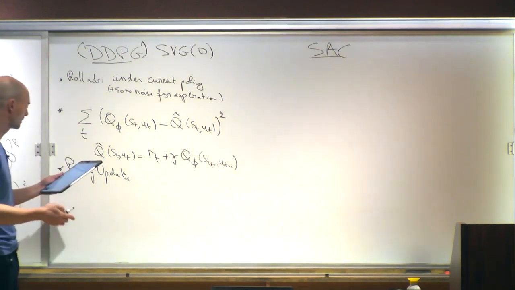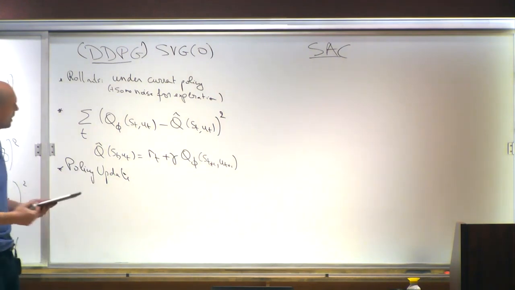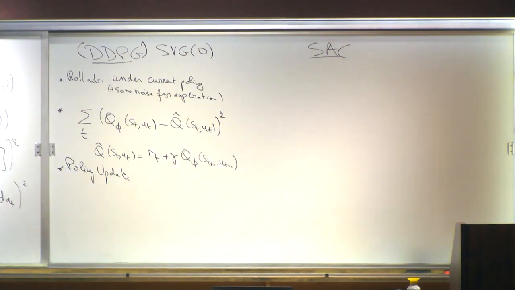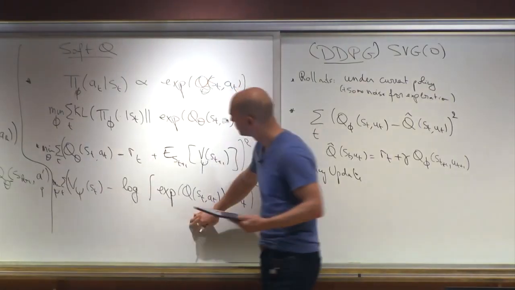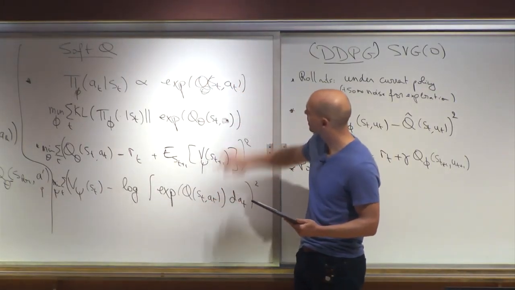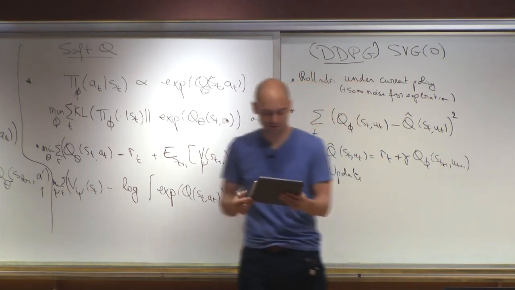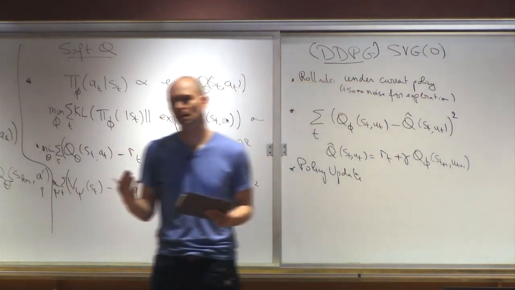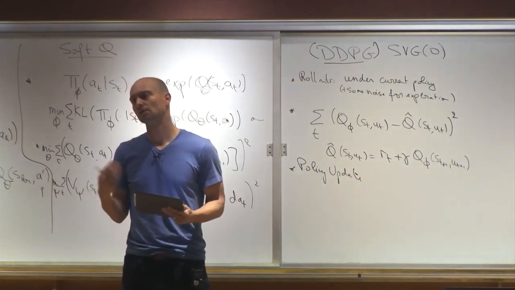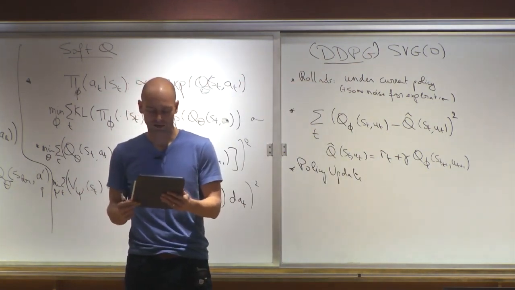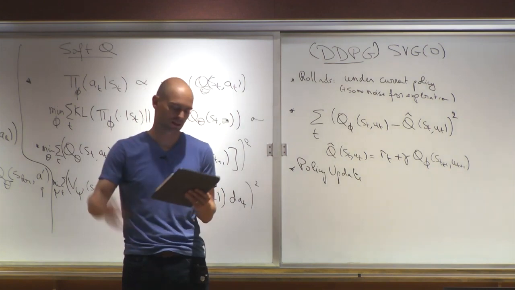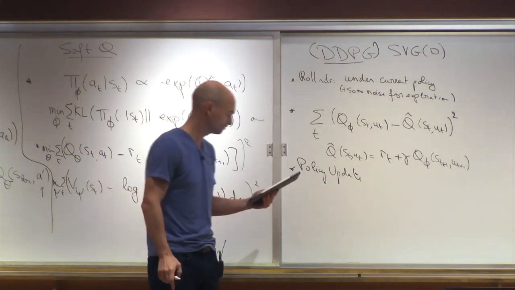We'll do gradient updates on the policy. What's special about DDPG is that rather than minimizing the KL divergence that we saw over here, which is a fairly general thing, it does something a little more specialized that only works under the assumption that you have a continuous action space.